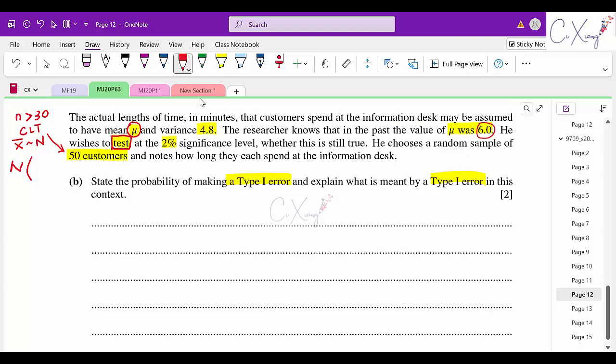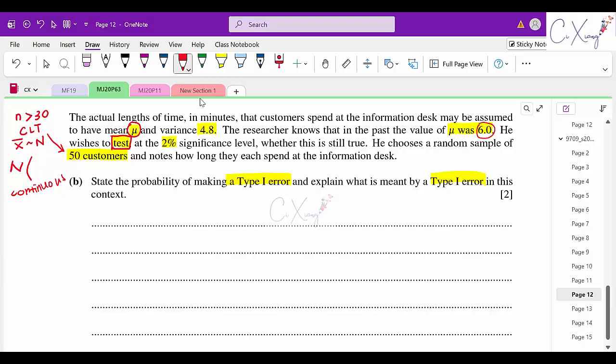So to carry out this test, we are testing the population mean. We will assume that the sample mean is normal because we used the central limit theorem. When you have a normal distribution, this is a continuous random variable.